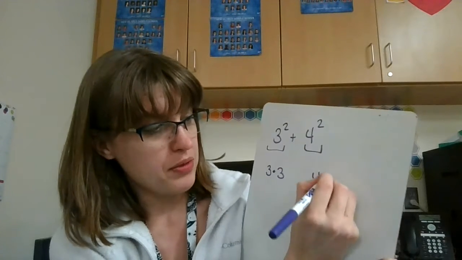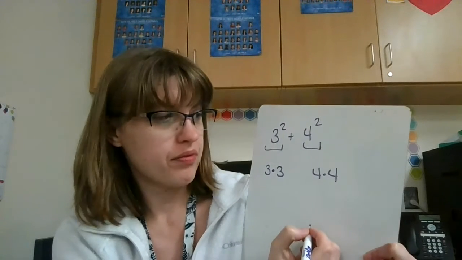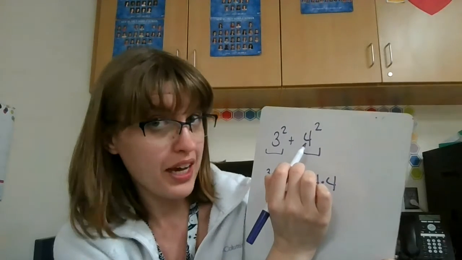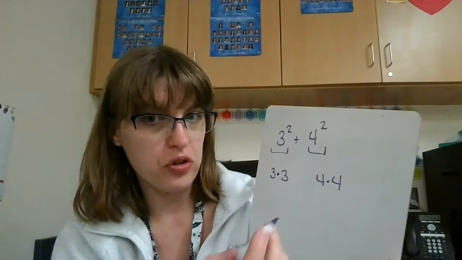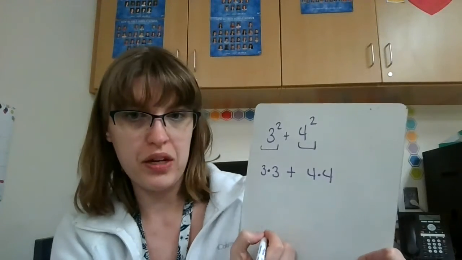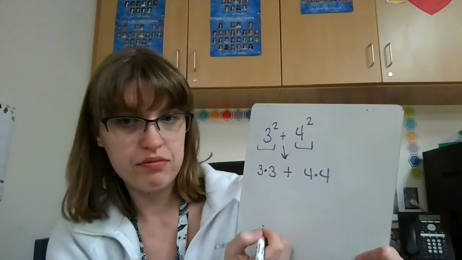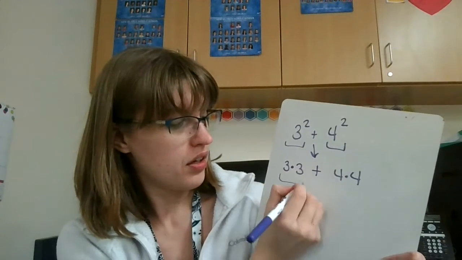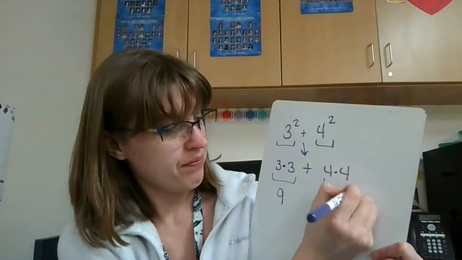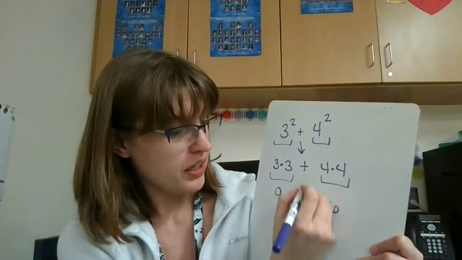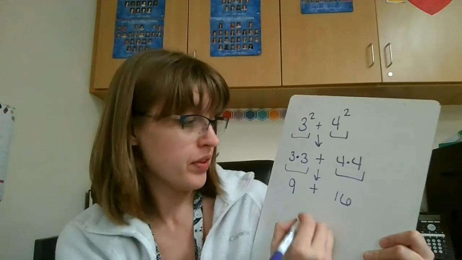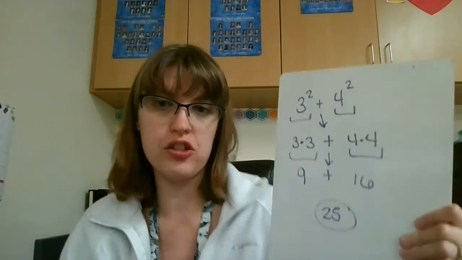We can rewrite that to being 4 times 4. Because, remember that 2 says how many 4s. It's not 2 times 4, it's how many 4s. Then I would just put my addition in between. This would be 9. This would be 16. I bring that plus sign down. Then I can just add them up. And I would get 25 in this situation.